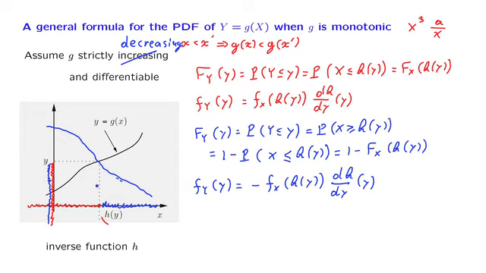Now in this case, g is a decreasing function of x. So when x goes down, y goes up. When x goes up, y goes down. This means that when y goes up, x goes down. So it means that the inverse function h is going to be also monotonically decreasing.